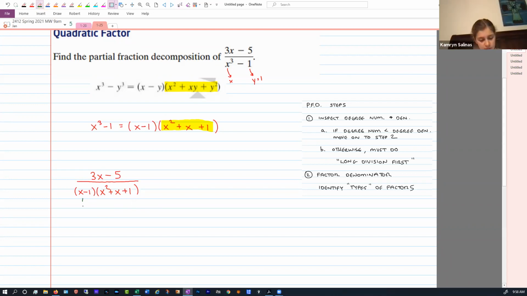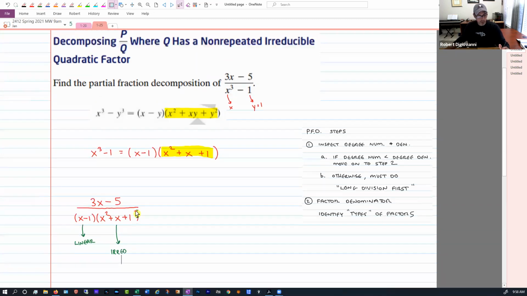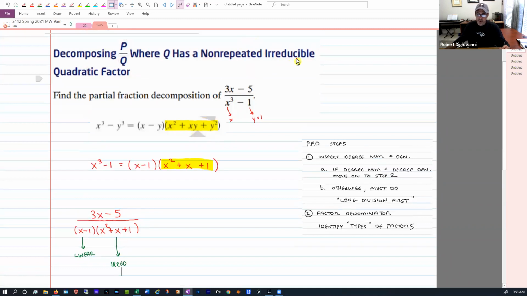Yes. Okay. So this here is linear. We all agree that's a linear factor. And this is an irreducible, so the way they refer to it is an irreducible quadratic factor.